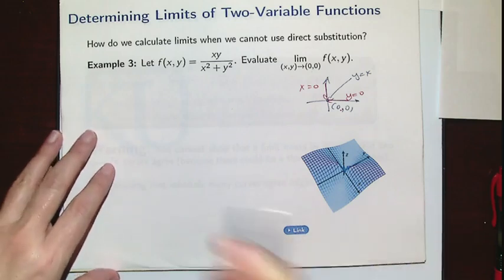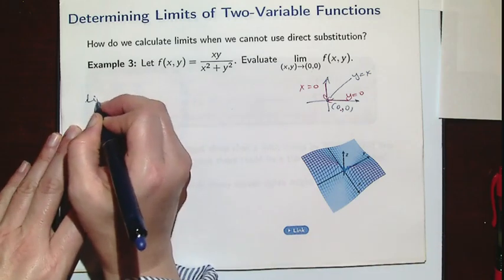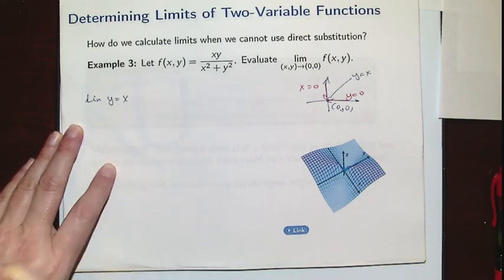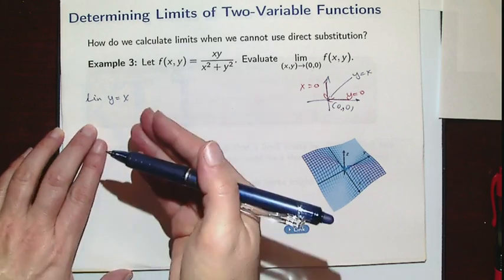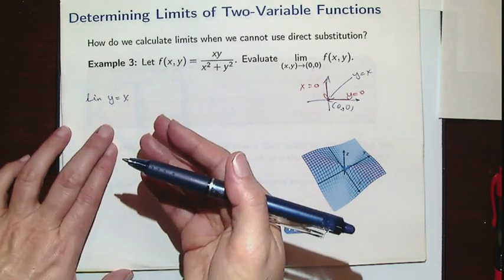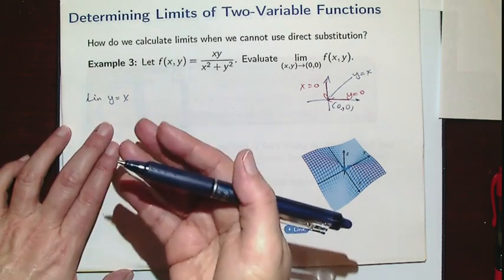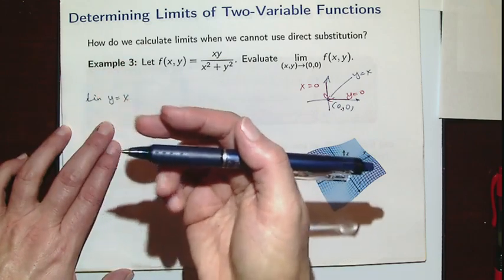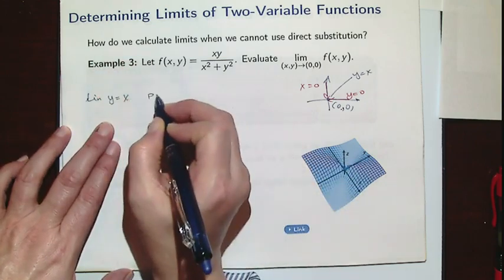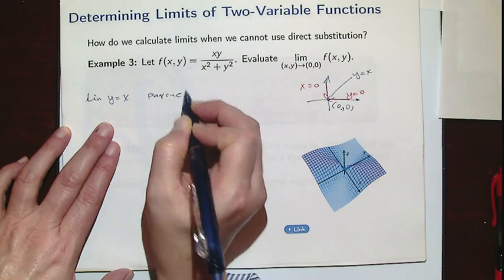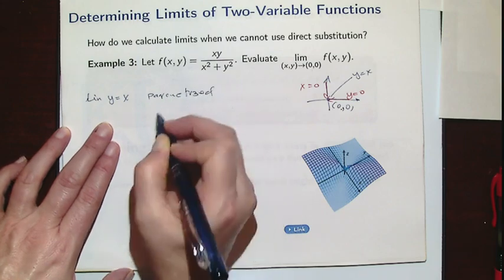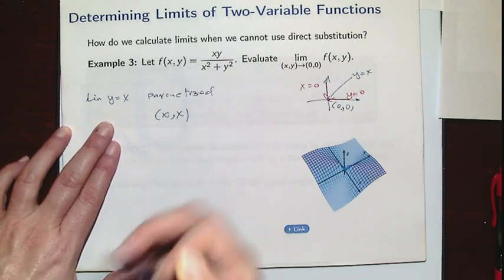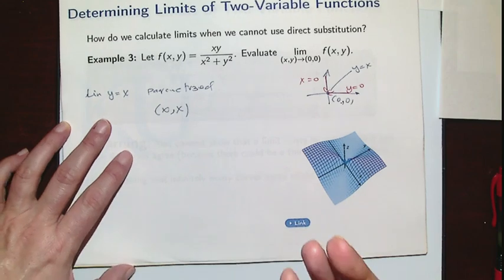If I'm parameterizing the line y equal to x, instead of t, I can pick x. My parameter can be x, right? So the parameterized form looks like x and x, or t and t, however you want to.